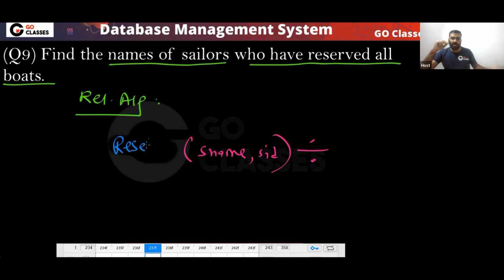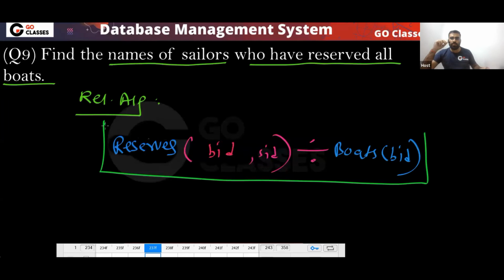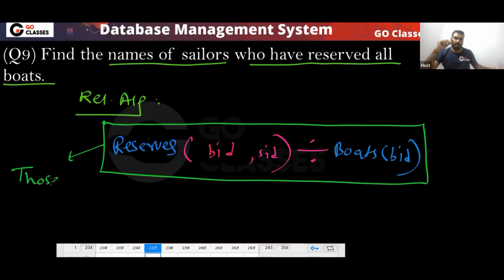So from the reserves table, SID, BID, and from the boats table, BID. Yes or no? This will give you those SIDs who have reserved all the boats.